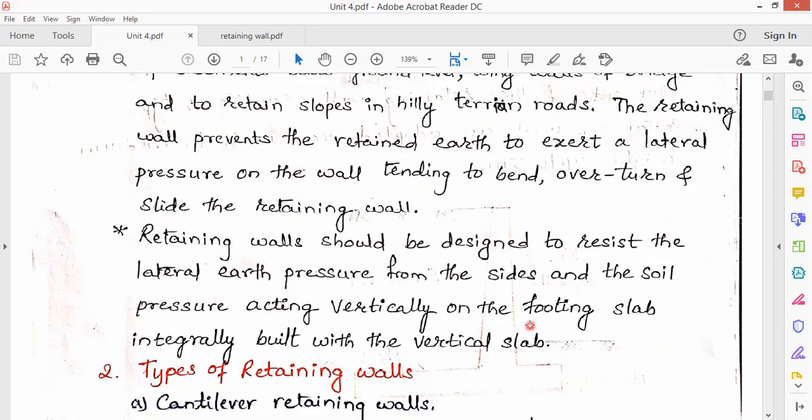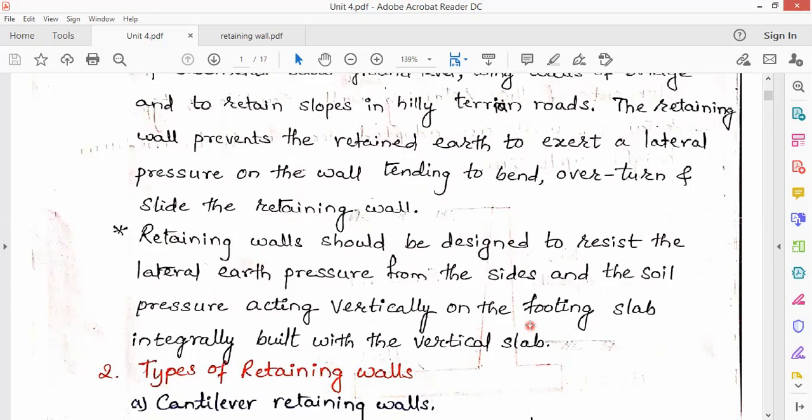Thus, we are going to resist the lateral earth pressure from the sides and the soil pressure acting vertically on the footing slab, integrally built with a vertical slab. Here I can say that the retaining wall is a cantilever slab, having a free end at the top side and fixed at the bottom.